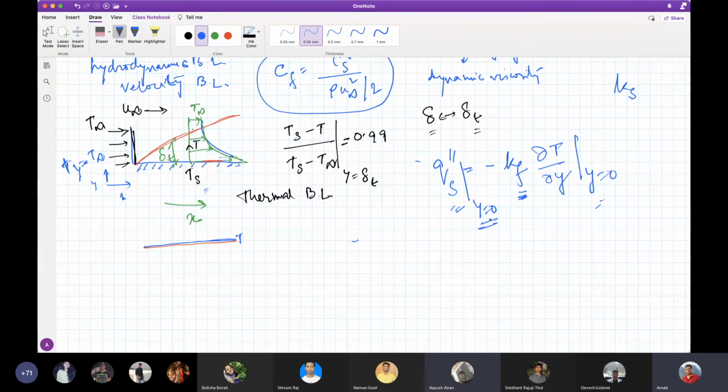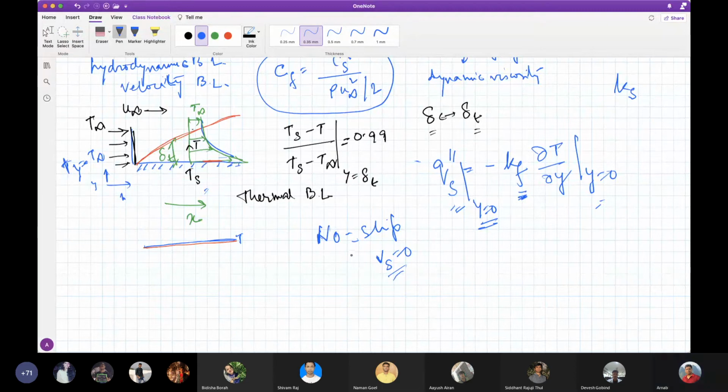In most fluid dynamics cases, we consider a boundary condition called no slip, which means the velocity of that fluid layer at the surface is 0. But for several polymeric fluids, and even at the nanoscale, the particle can roll over the surface and doesn't stick, so it has a non-zero velocity.